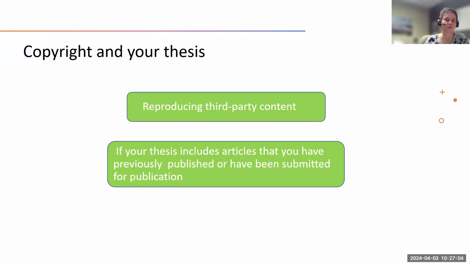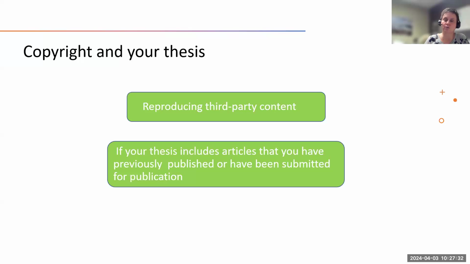If you are including articles that you have previously published or have submitted for publication in your thesis, do not assume that you own the copyright to the final published version. You must also obtain written permission from co-authors. If a journal holds the copyright, you need to verify which version of the article can be reproduced without permission from the journal.